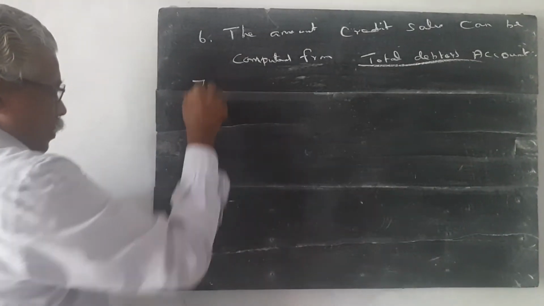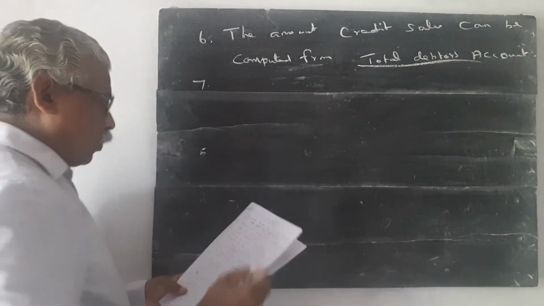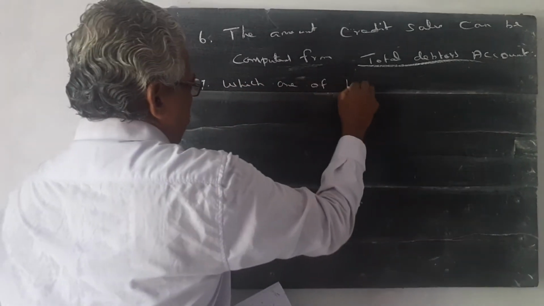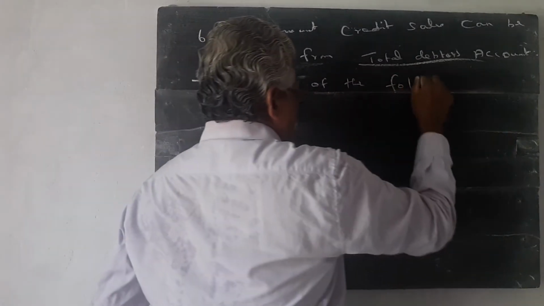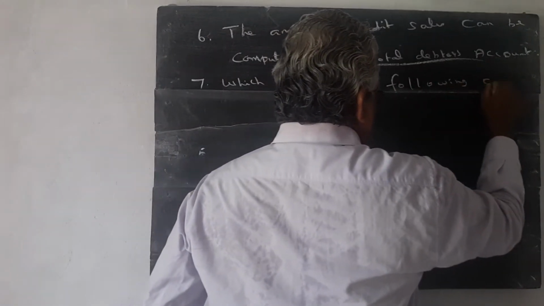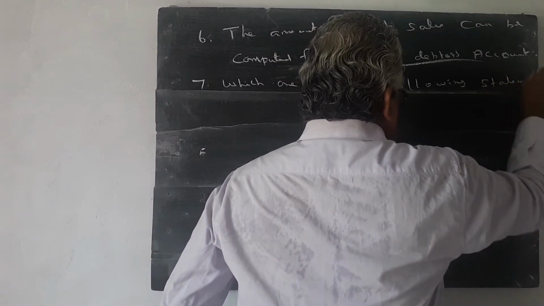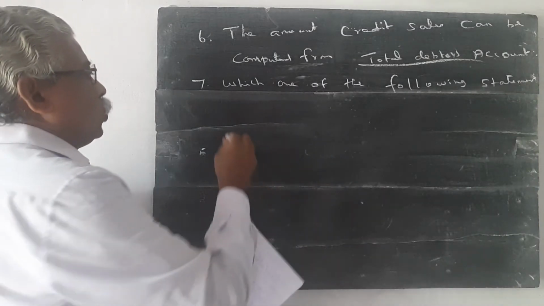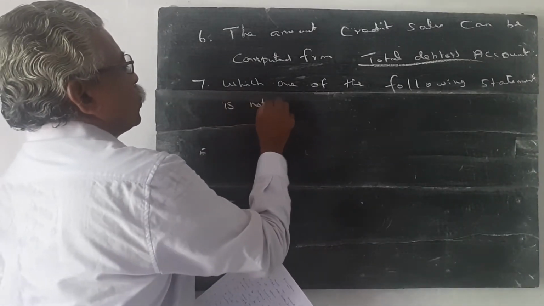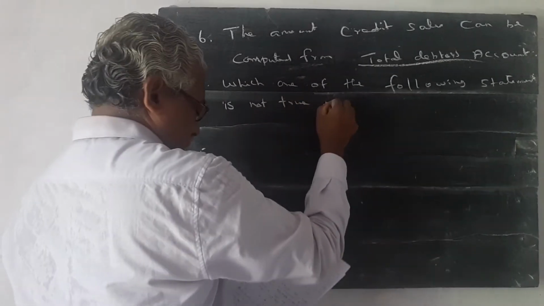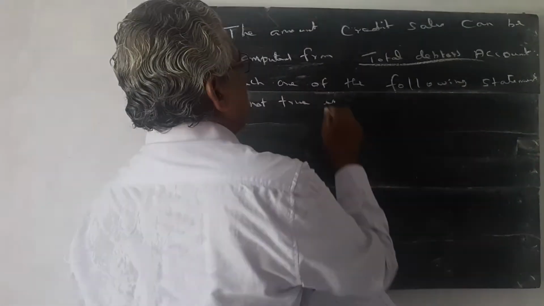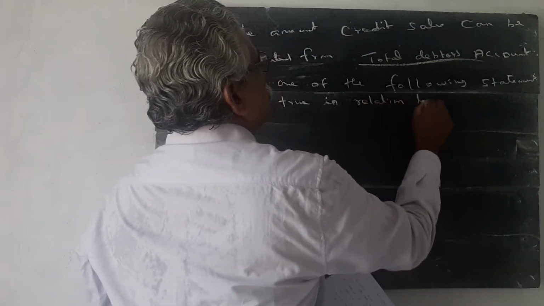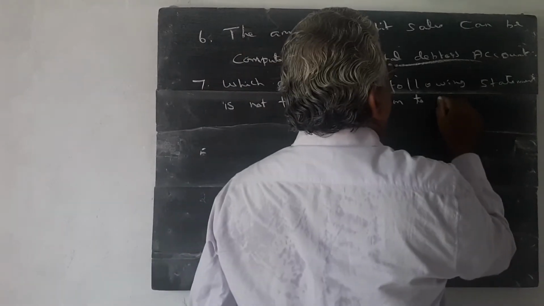Then question number 7. Which one of the following statements is not true in relation to incomplete records?